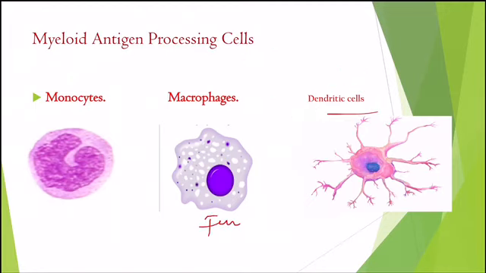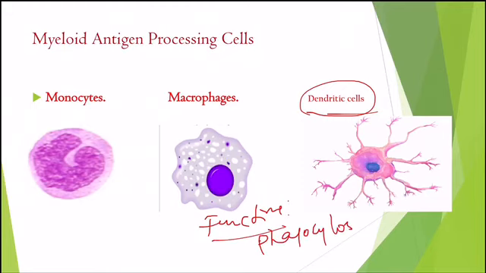Functions of dendritic cells: they capture the antigen at one location and present this processed antigen in another location. The immature dendritic cells engulf the antigen in three ways: phagocytosis, receptor mediated endocytosis, and pinocytosis.